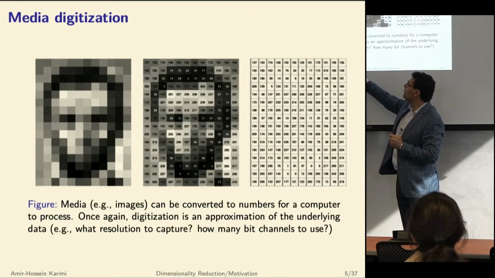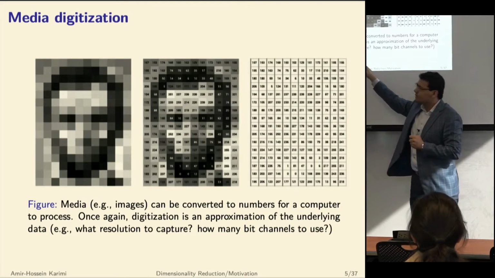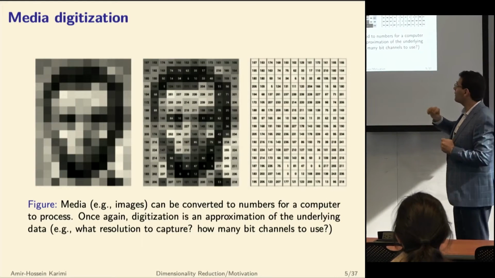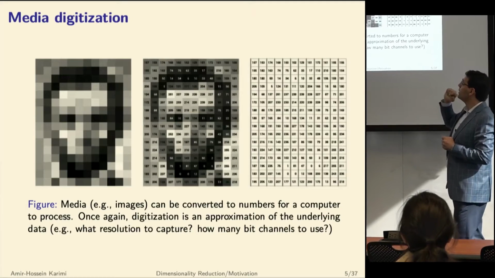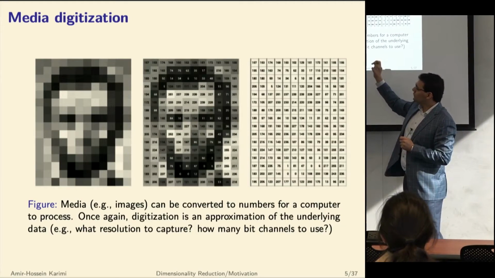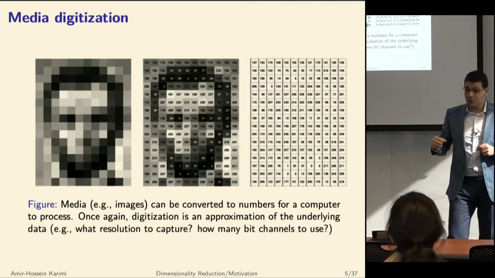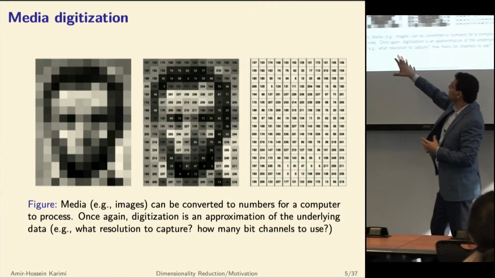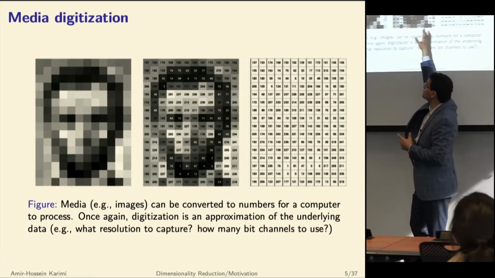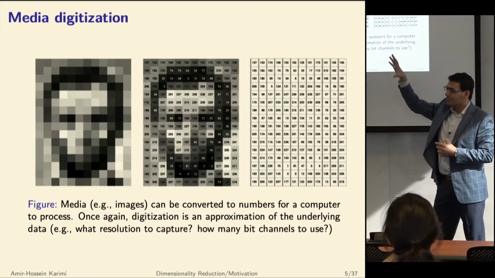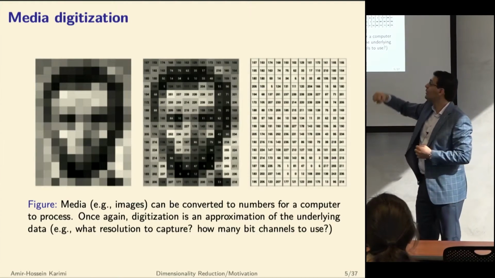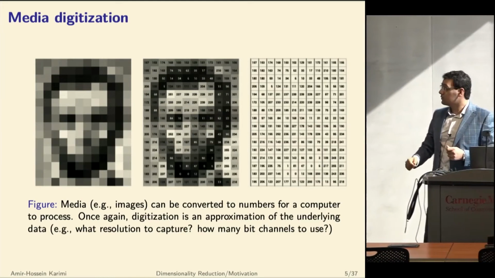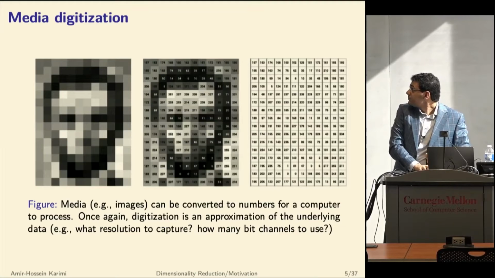Specifically, if we have a camera, we need to select things such as what is the resolution of that underlying phenomena that we want to capture, meaning how many sensors in my camera do I have to capture that underlying phenomena, and for each of those sensors, how many bit channels do I use to capture that data. So essentially, if you consider we have real-world data here, through a process called media digitization, we can go from that underlying phenomena to a matrix of numbers in this case. And then we can use that matrix of numbers for processing.